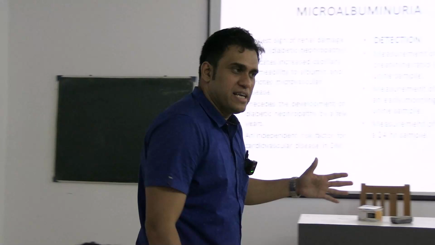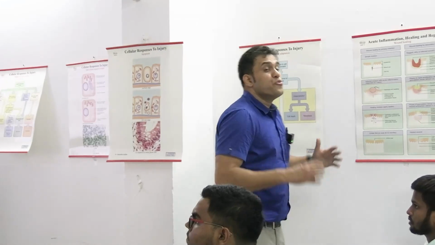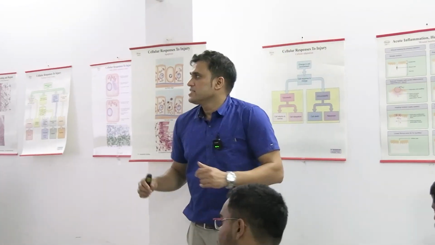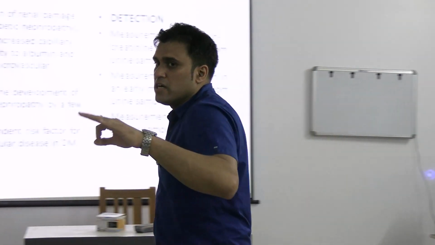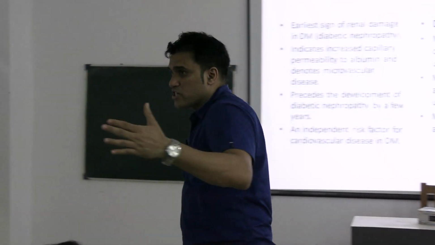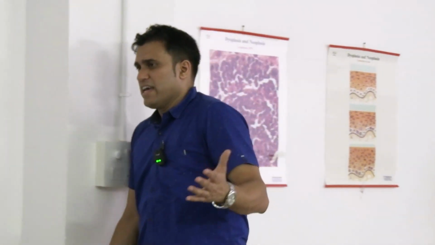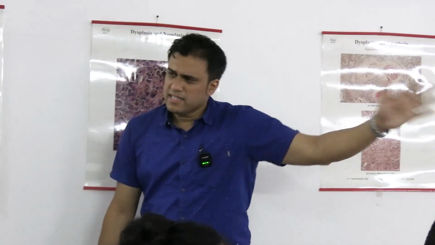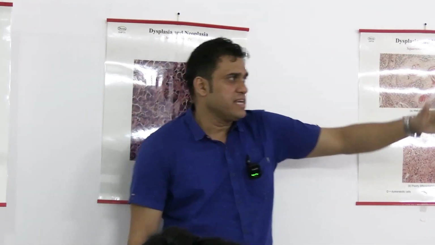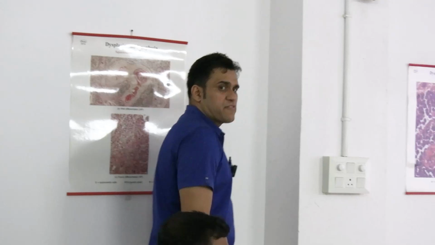So in a patient of diabetes mellitus, this is the earliest manifestation of renal damage, and this also proves that this patient will have overt nephropathy. If A equals B and B equals C, A equals C, basic geometry. So the third line indicates the same thing. It precedes the development of diabetic nephropathy by a few years.